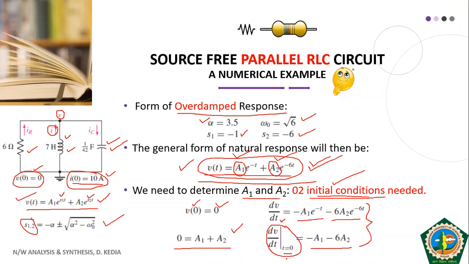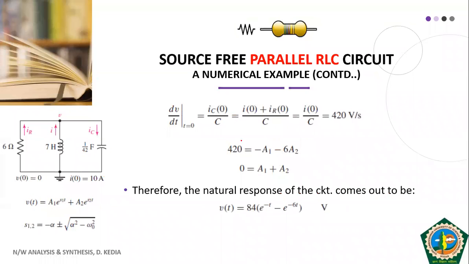If you look at this thing very carefully, we know that dV by dt comes in capacitor. The current through capacitor is given as IC is equal to C dV by dt. So if we are able to find out the initial current across the capacitor, we'll be able to find out the answer to this. Let us now see in the next slide, how do we arrive at that?